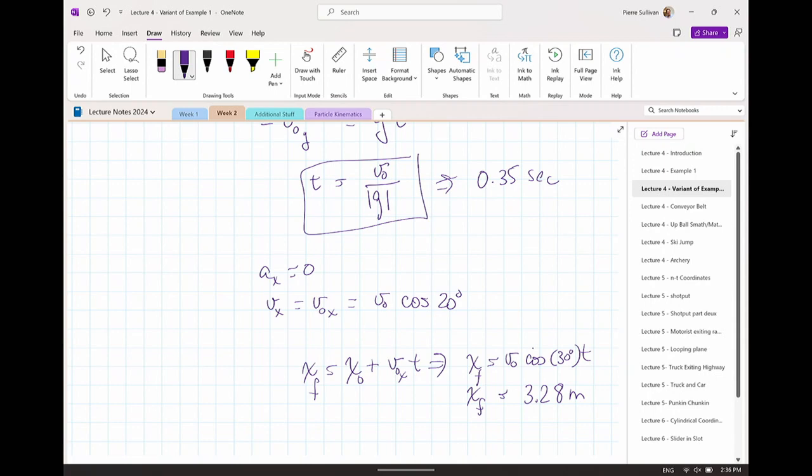So the moment that the ball is at the highest point of its flight, it's traveled to the right a distance of 3.28 meters.